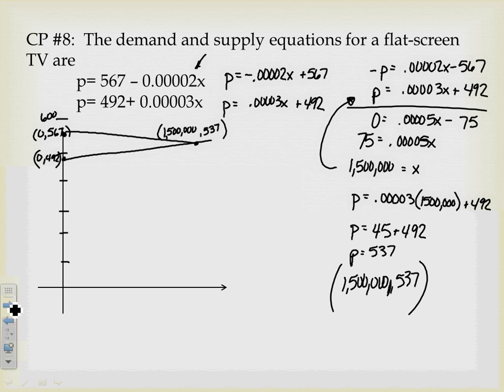Now, when we look at that, if we draw a horizontal here, remember this was 537. If we draw a horizontal here, this was our consumer line, and this was our producer line.